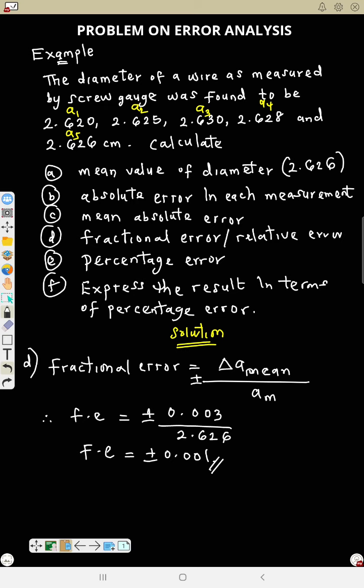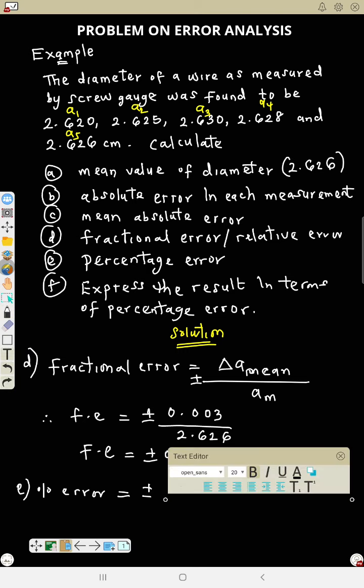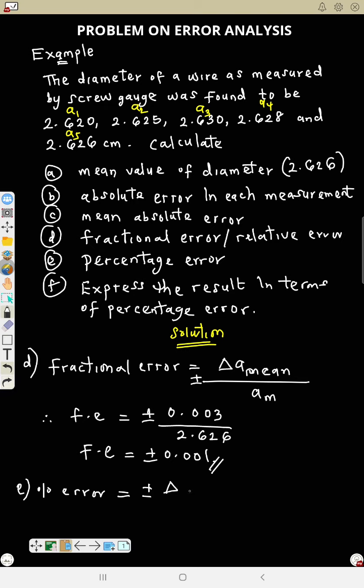Now, what of percentage error? E. Percentage error is your fractional error times 100. Our fractional error is mean absolute error divided by mean value, times 100.